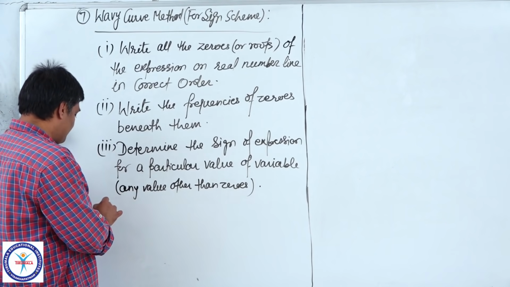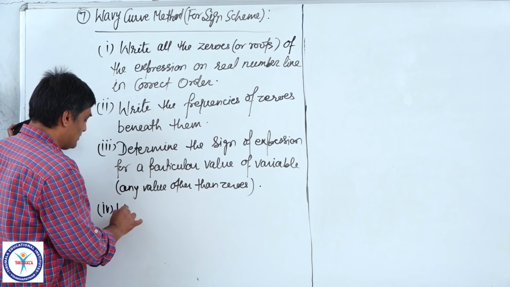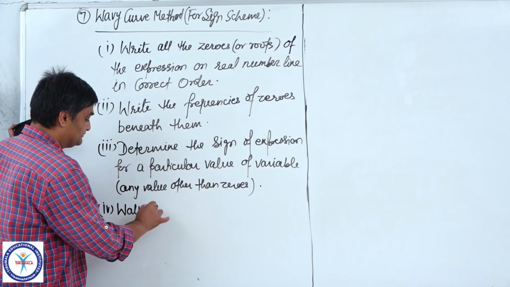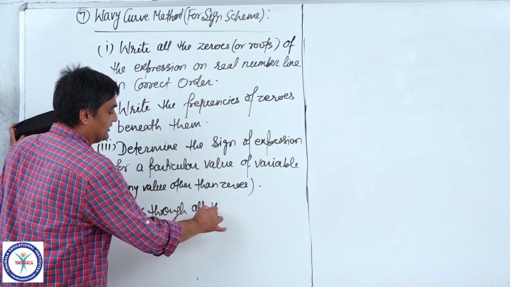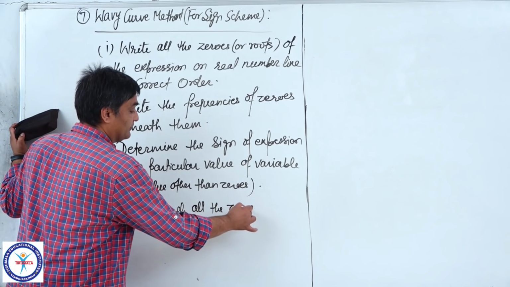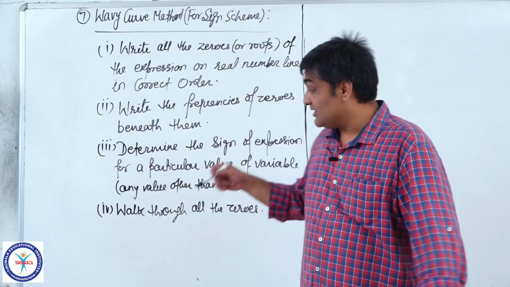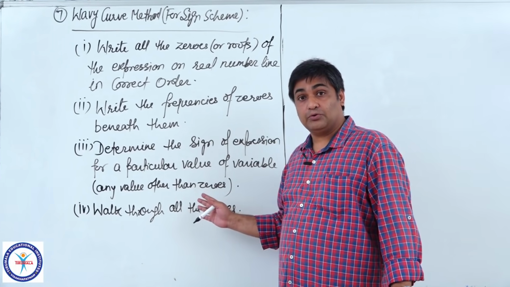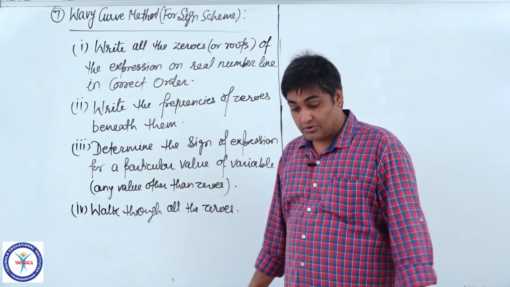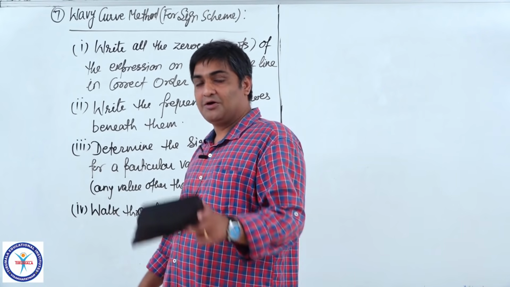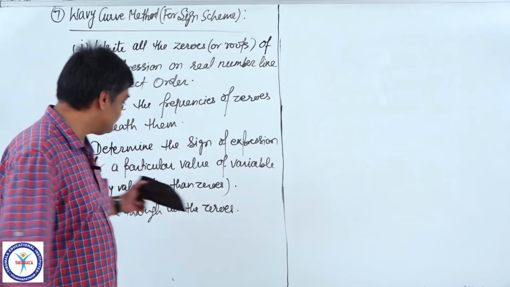Now, fourth step is, walk through all the zeros or roots. Writing walk through doesn't mean that you put your notebook on the ground and start walking. Let's see with an example.